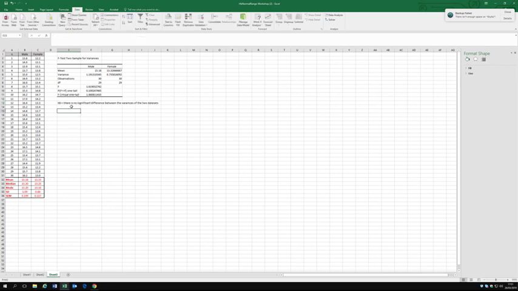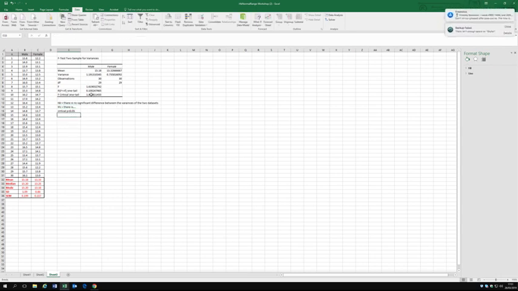And obviously our H1 would be the opposite of that, right? So our critical significance value we are setting at p equals 0.05. So our p-value has to be less than 0.05 in order to reject the null hypothesis.